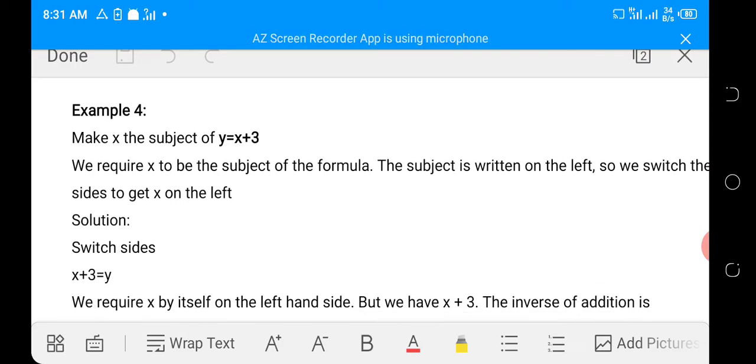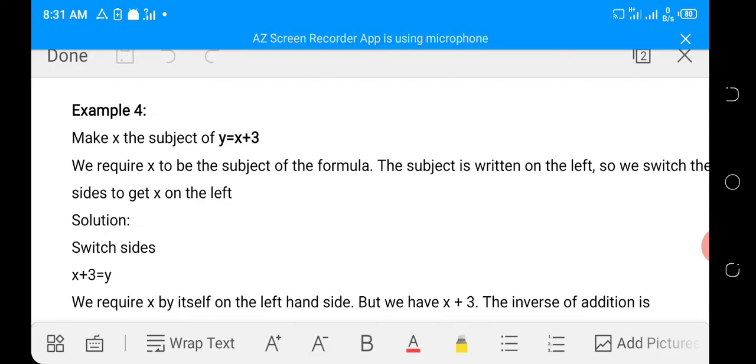Example 1. Make x the subject of the formula y is equal to x plus 3. In this formula, y is the subject of the formula, and they want us to make x the subject of the formula. That is, where y is, they want x to be there, and other quantities will be at the other side.